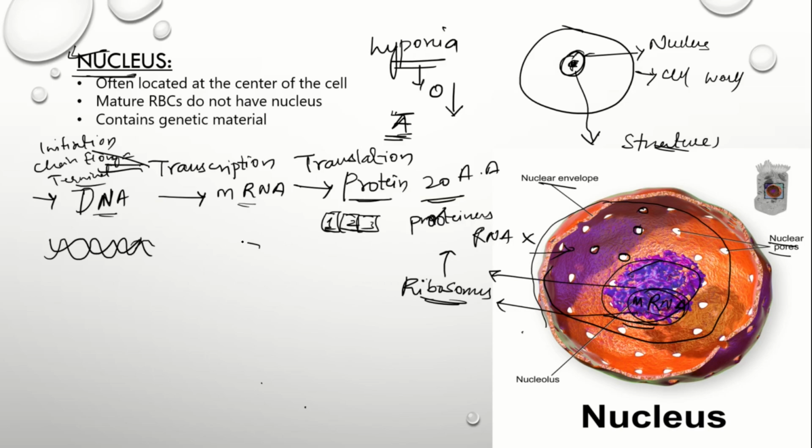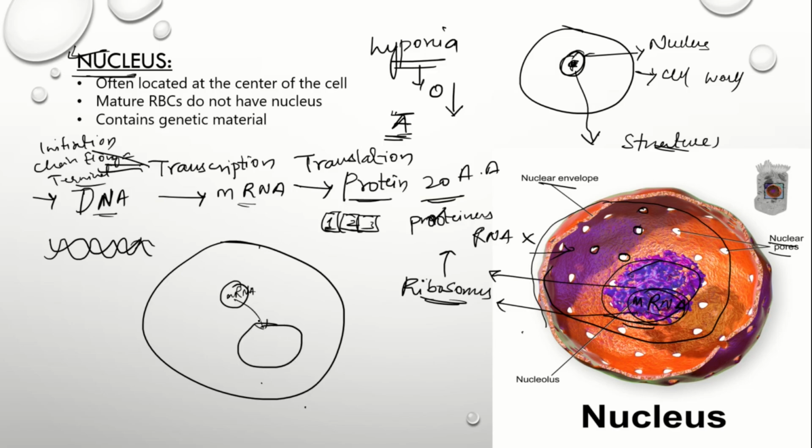Let us suppose in a cell, mRNA is synthesized in the nucleus and goes outside, giving the message to the ribosome. Amino acid 1 is present here, amino acid 2 is present here, and amino acid 3 is present here.